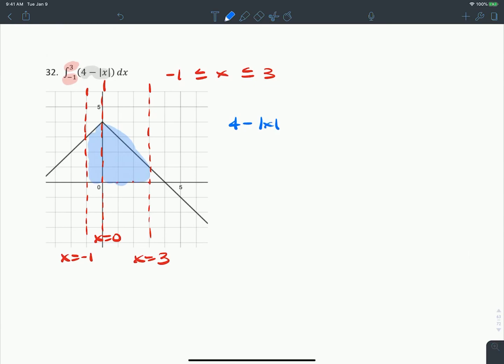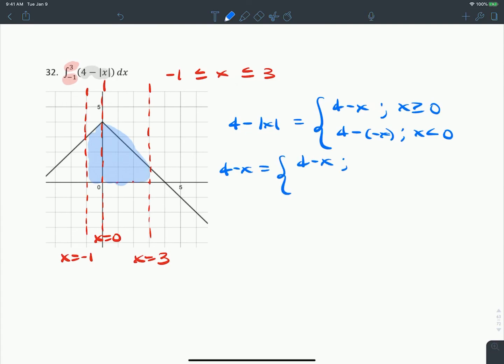4 minus the absolute value of x, this is how we define this. 4 minus x, when x is greater than or equal to 0. 4 minus the opposite, when x is less than 0. And so we define this as 4 minus x, x is greater than or equal to 0, or 4 plus x, when x is less than 0. So again, we have two pieces here.